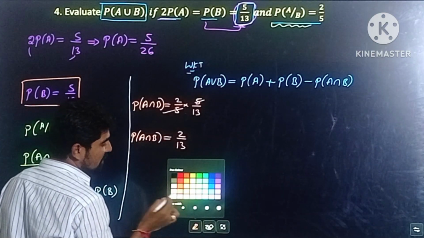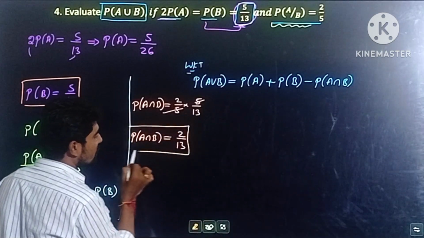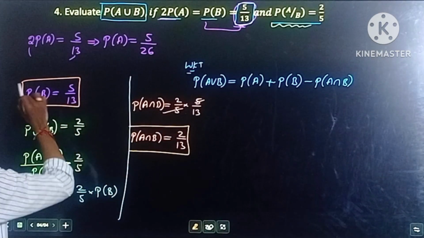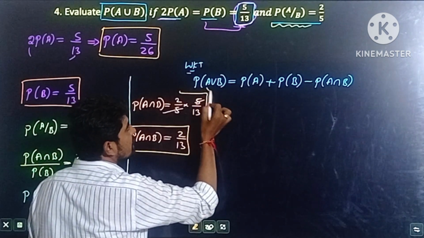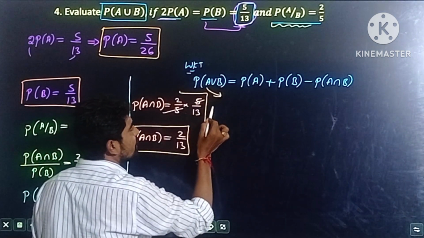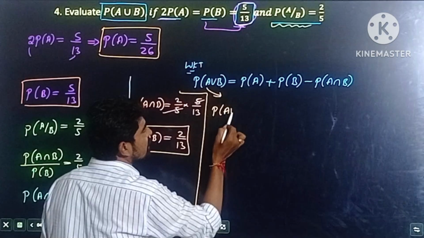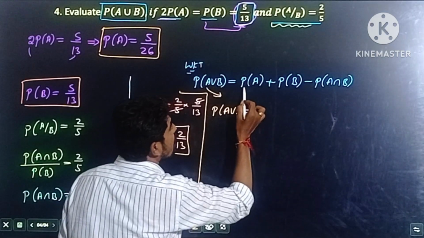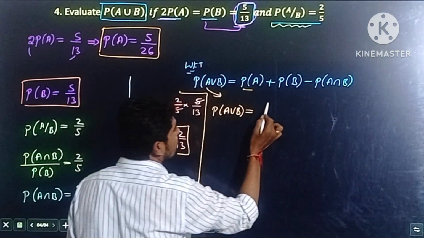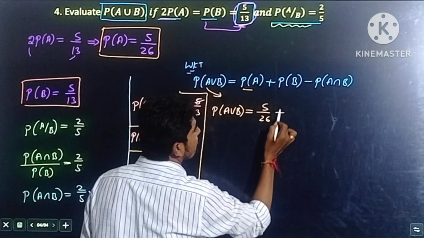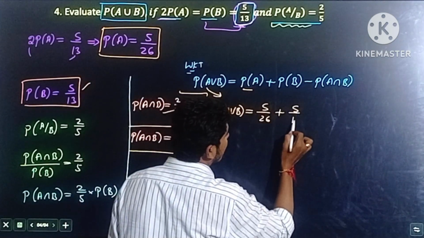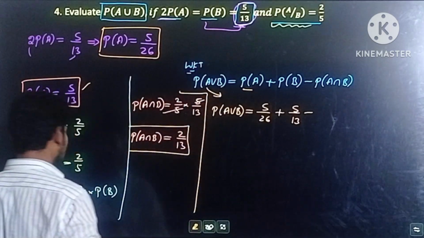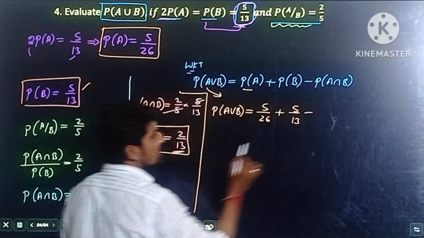So finally we got all the required values: probability of A intersection B, probability of B, and probability of A. Just substitute in the probability of A union B formula. So probability of A union B is equal to probability of A, 5 by 26, plus probability of B, 5 by 13, minus probability of A intersection B, 2 by 13.